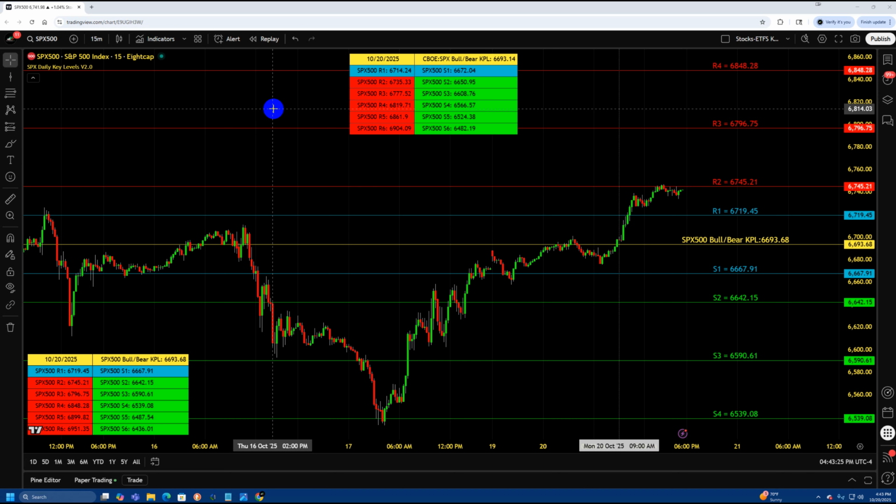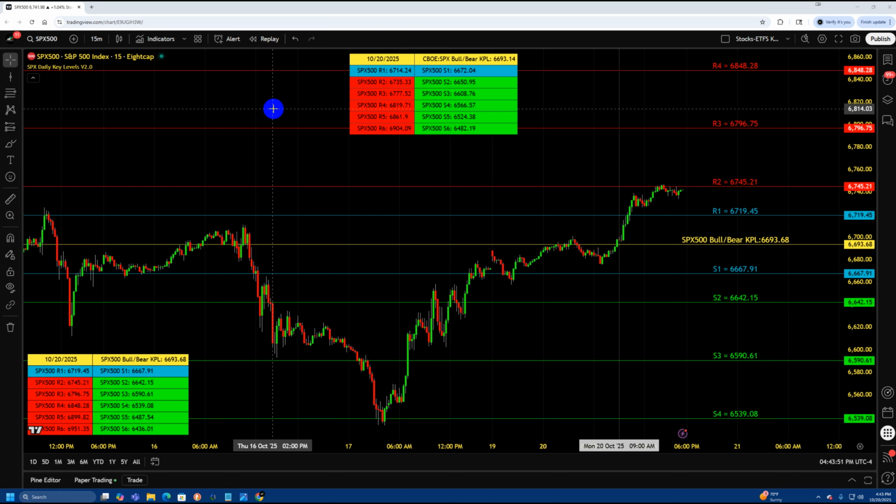So the way that TradingView PineScript coding works is that even if your indicator already knows what the levels are going to be for today's session before the symbol opens for trading, and while the symbol is still closed for trading, which CBOE SPX index is closed at 9 a.m. because it does not trade in the pre-market.